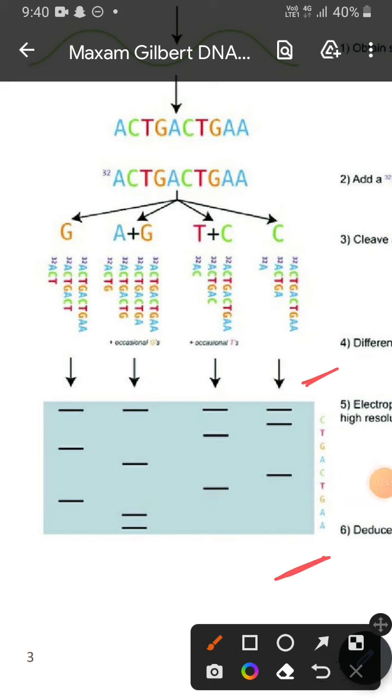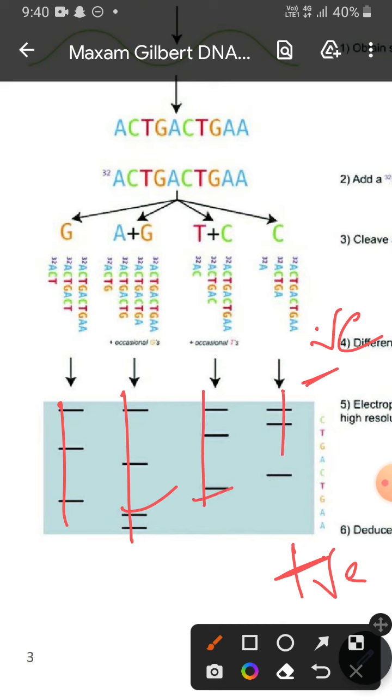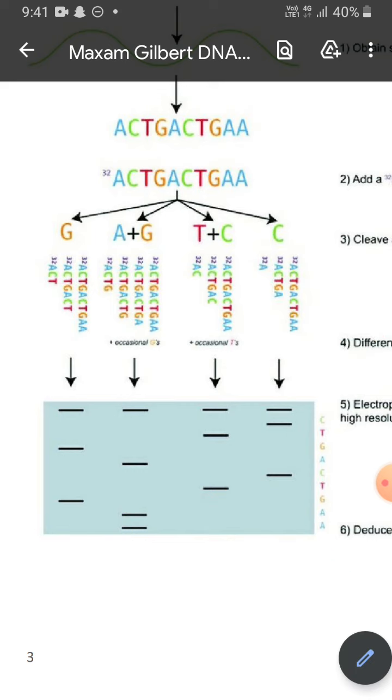Why? Because the positive electrode is at the bottom and the negative at the top, and we all know that DNA is negatively charged due to the phosphodiester backbone. All our DNA samples will migrate towards the bottom depending on their size, right? And now let's try to interpret.